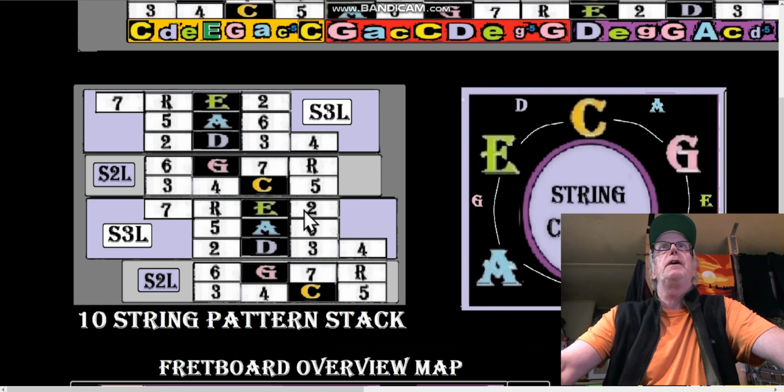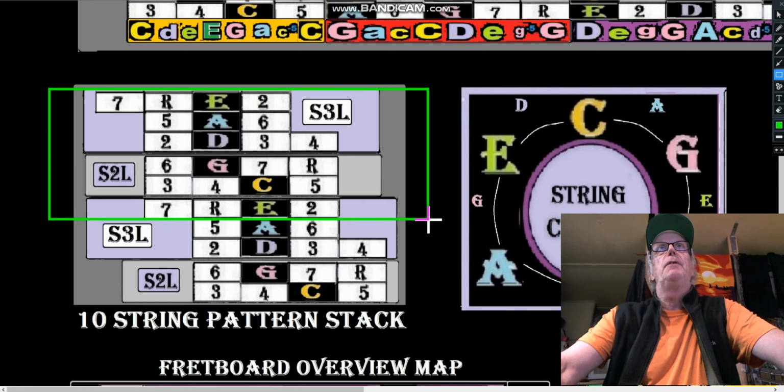Well, look at the 7 pattern here for a minute. This is the E pattern, 7 root 2. And when we get to the top, if we want to make a fretboard, a guitar, this is like a research project here.